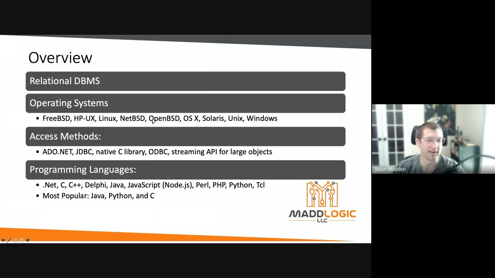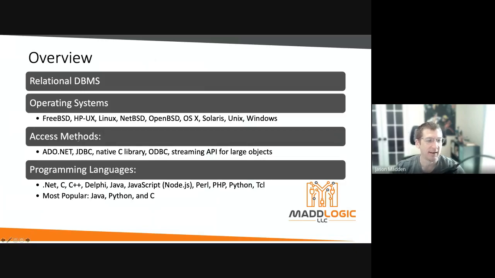BSD and OpenBSD are flavors of BSD, which forked from Unix a long time ago and is its own thing. Mac, Solaris, you still hear about. Unix and Windows, everyone is familiar with. So it's very flexible on where you want to host, especially if you're doing containerization. I wouldn't recommend containers for hosted servers, but for development, keeping your environment clean and being able to experiment, it's a great platform.